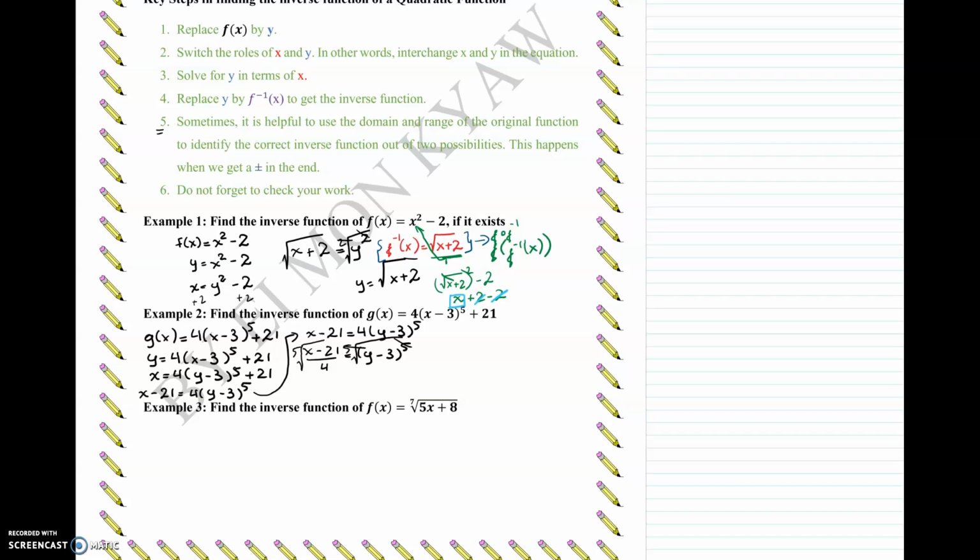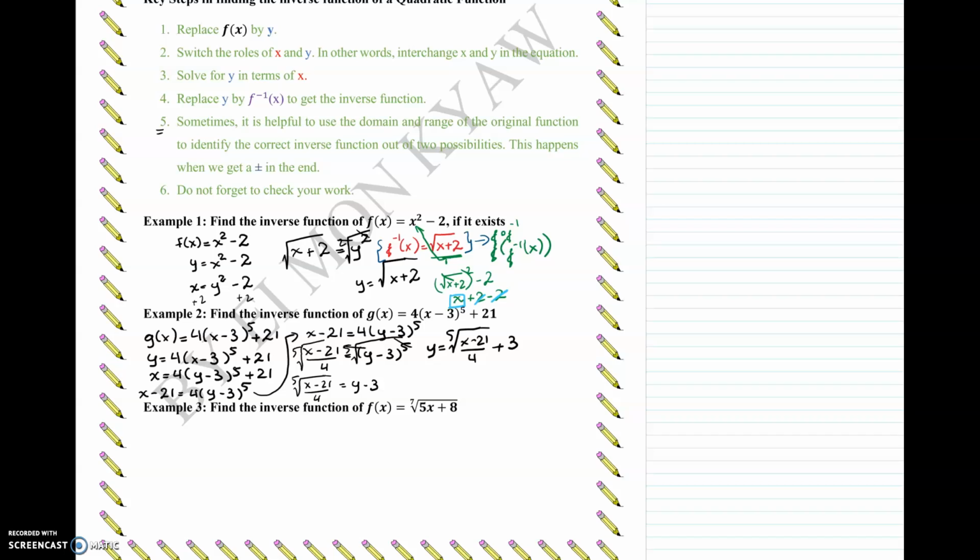Leaving the 5th root of (x minus 21) over 4 is equal to y minus 3. So now you add 3 to both sides of the equation. You get y is equal to the 5th root of (x minus 21) over 4 plus 3.